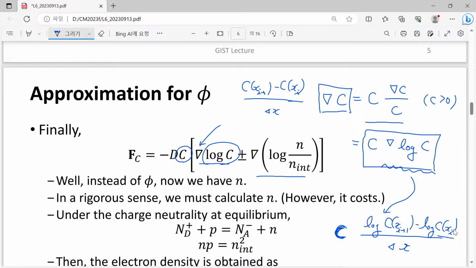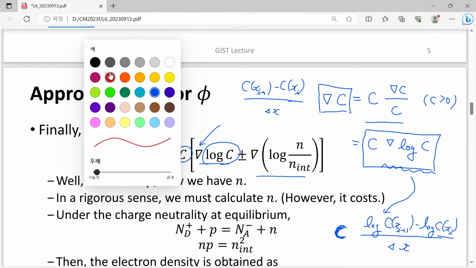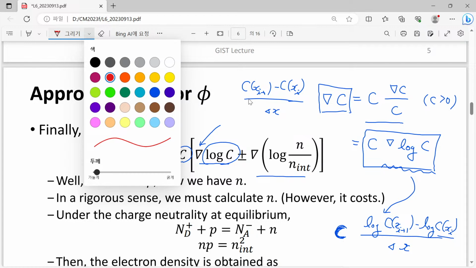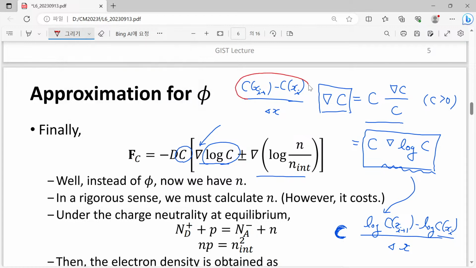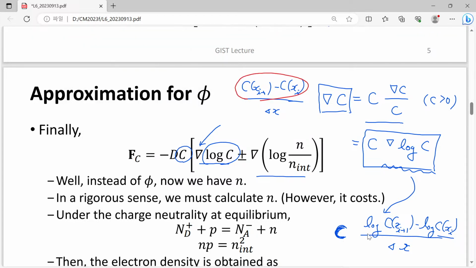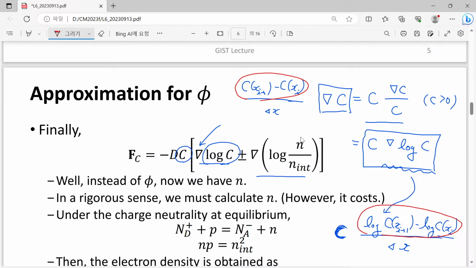So what's the matter? The matter is that we are now taking the difference of the concentration itself. It is quite rapidly varying.